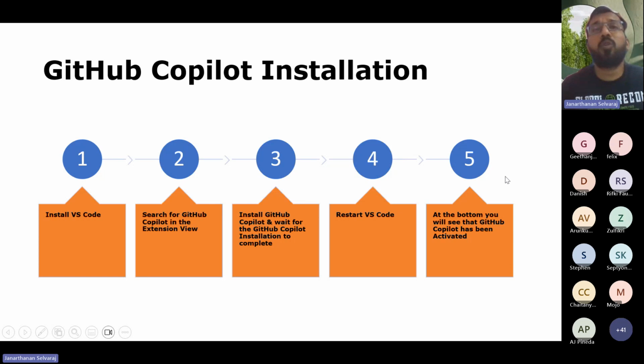You can see the GitHub Copilot icon at the bottom of your Visual Studio Code. The moment you click the icon, you will get the status information as ready. That's how you use the installation process of GitHub Copilot.